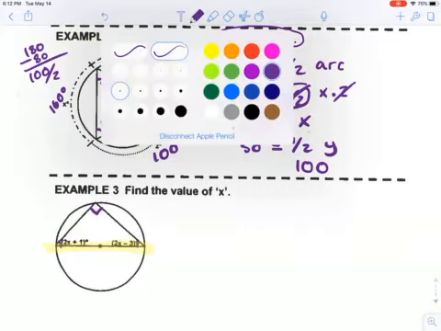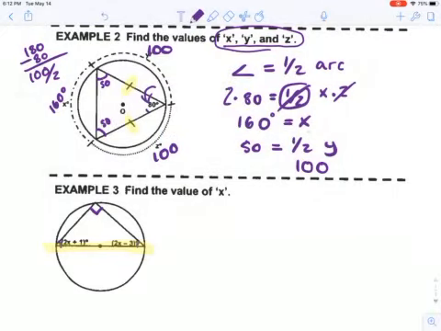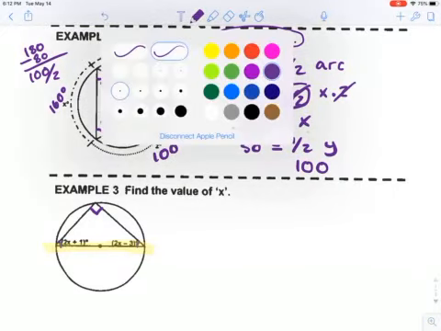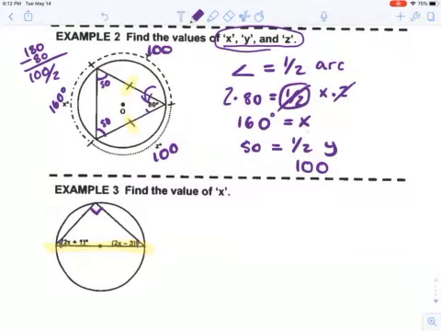So if I want to solve for x, I can set up an expression using prior knowledge, what we know about triangles, that all of the angles add up to 180.